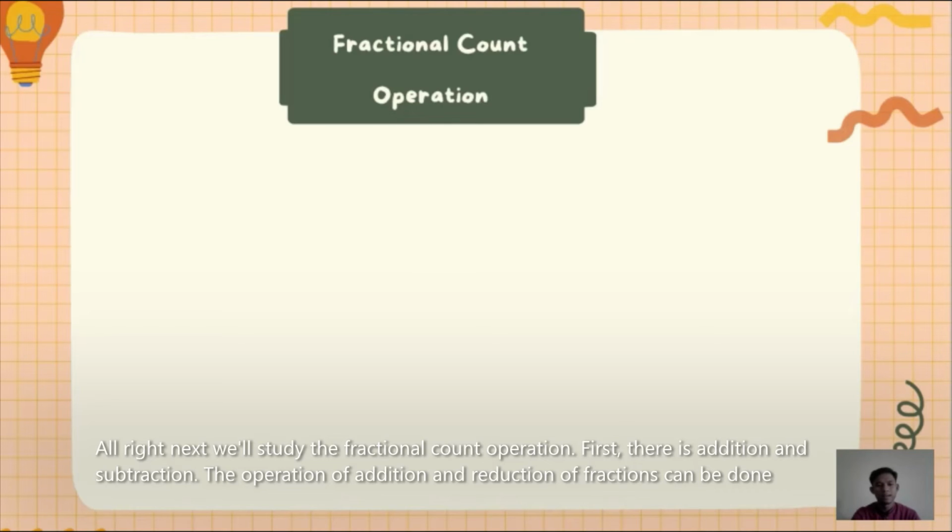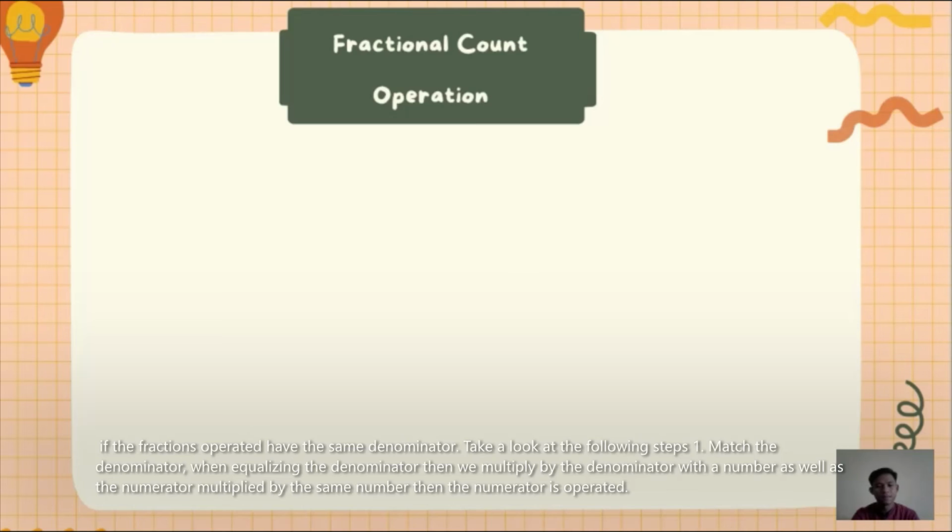Alright, next we'll study the operations on fractions. First, addition and subtraction. The operation of addition and subtraction of fractions can be done if the fractions operated have the same denominator. Take a look at the following steps.